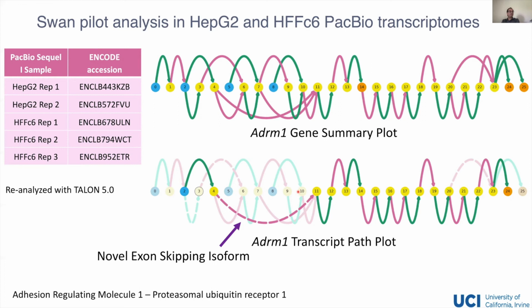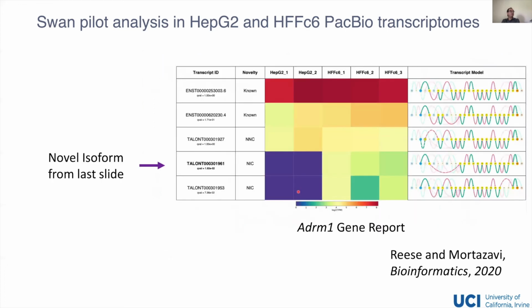So that's very interesting. And where it really shows why this is useful is that this isoform was flagged as being quantitatively different between HepG2 and HFFc6. Whereas the gene is not differentially expressed between the two cell lines, this particular isoform is not detected in HepG2, but is substantially detected in the 3 replicates of HFFc6.